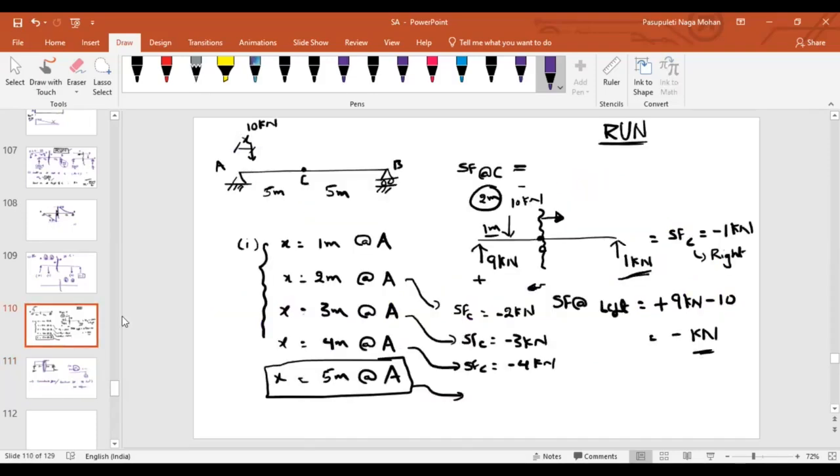As in this case, if the point load of 10 kilonewton is exactly acting at point C, we cannot define it. That's why we define just to the left of it and just to the right of it. Now, as you can observe here, as long as the 10 kilonewton load is in between A to C, what is the shear force at point C?